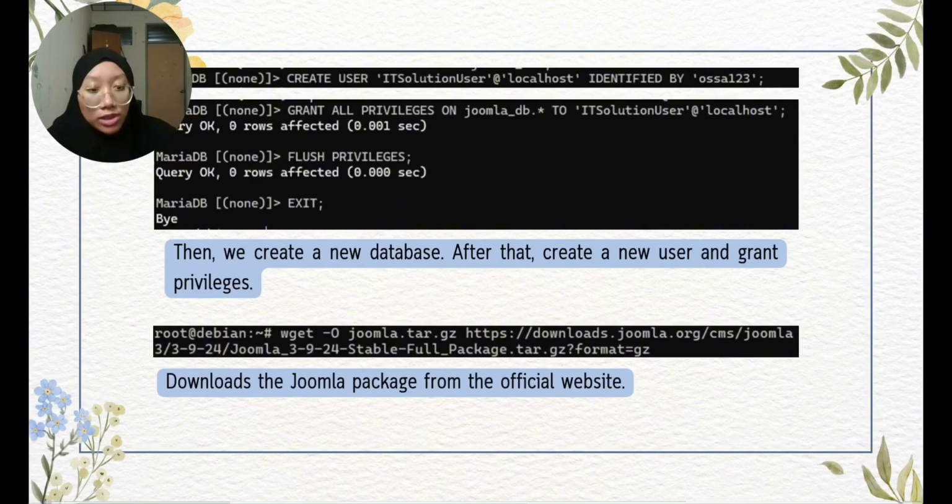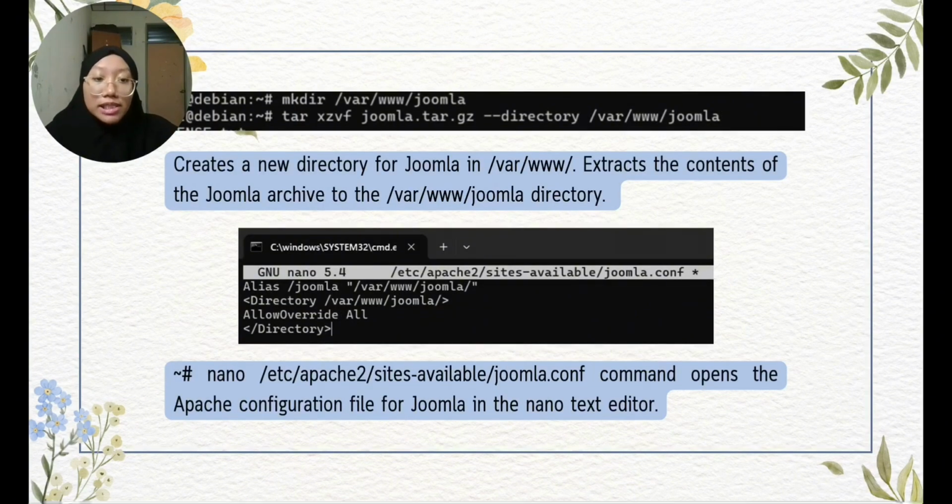So first, we have to download Joomla by using the command wget -O joomla.tar.gz https://downloads.joomla.org/cms/joomla. With that, we can download the Joomla package from the official website. After that, we create a new directory for Joomla in /var/www.